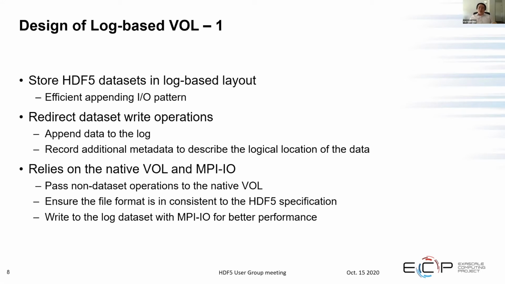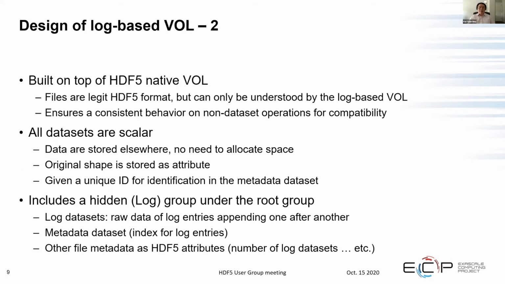When we have a dataset created for either the data log or the metadata log, we retrieve its dataset offset in the file from the native VOL and write the data with MPI directly to reduce the overhead of the HDF5 stack.